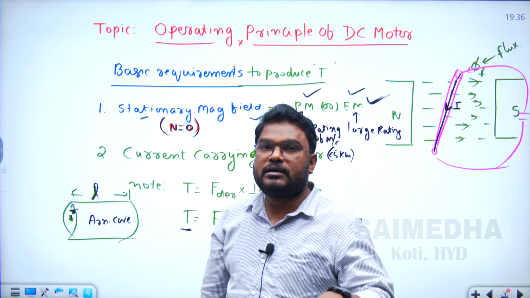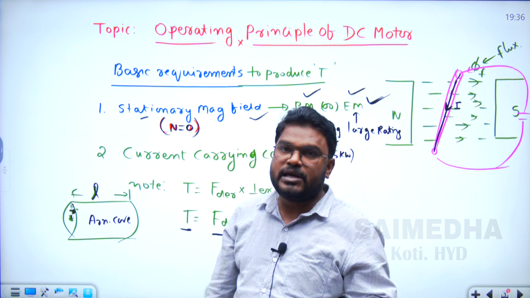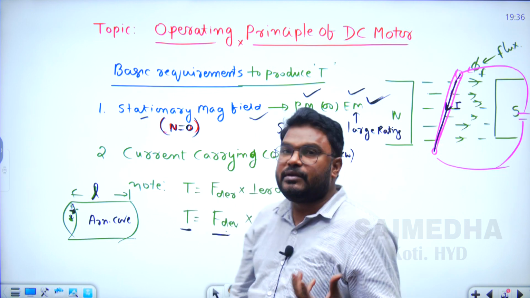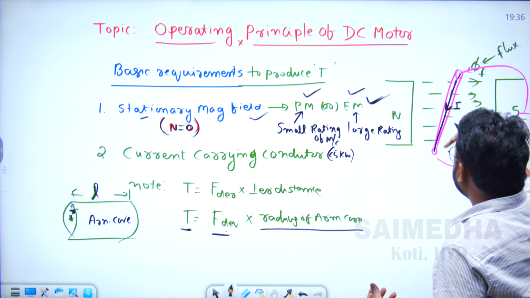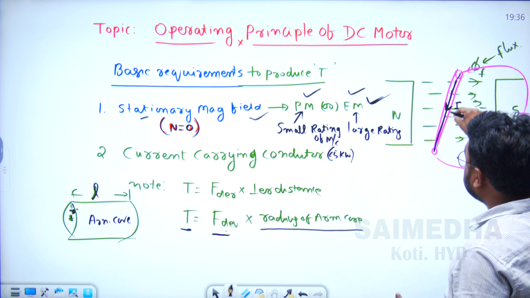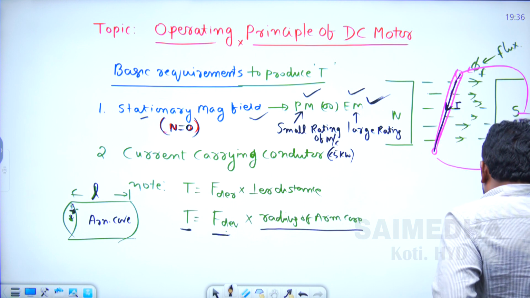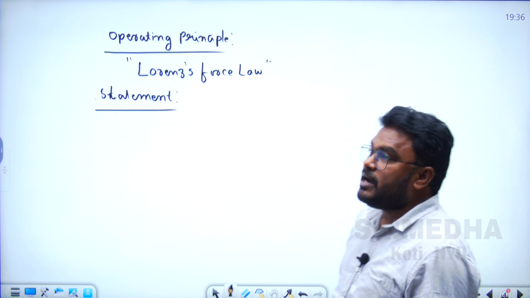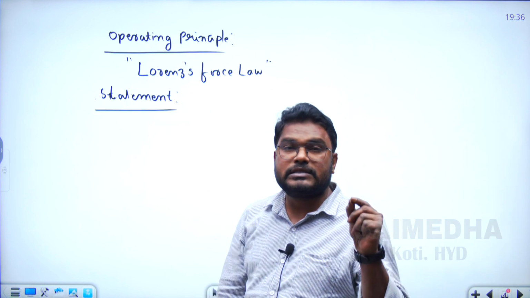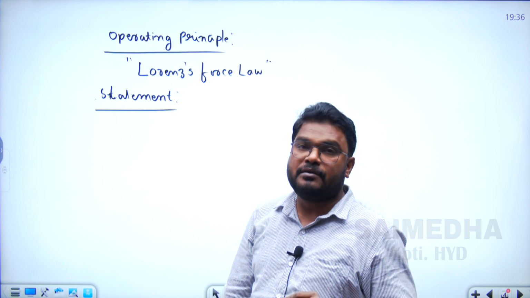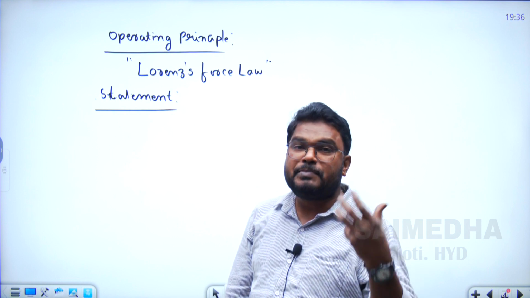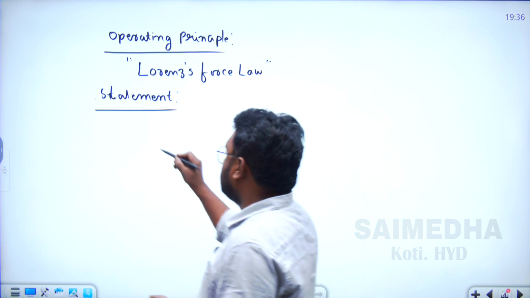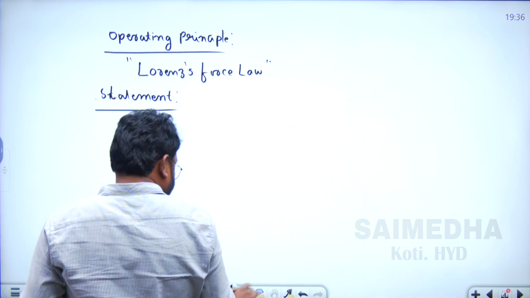There is a conductor, stationary, but excited with a supply, so a current carrying conductor is placed in the stationary magnetic field. So what will happen, whenever a current carrying conductor is placed in the stationary magnetic field, the force experienced by that conductor.